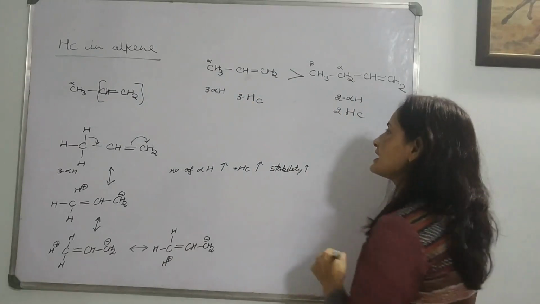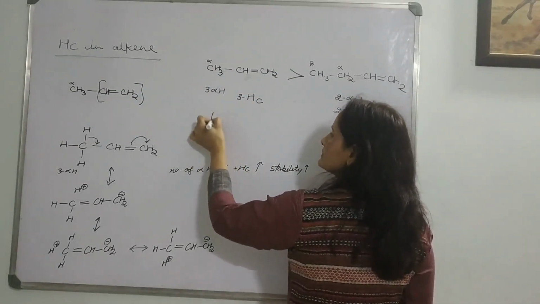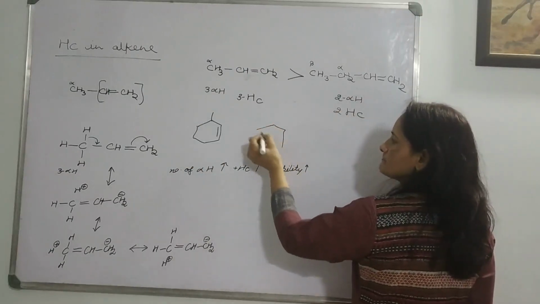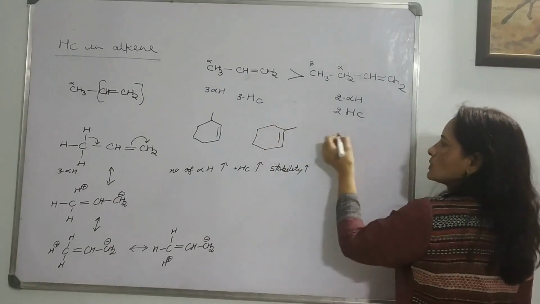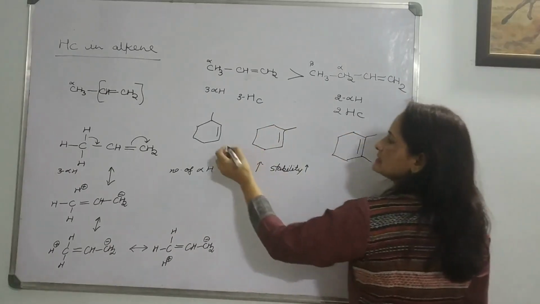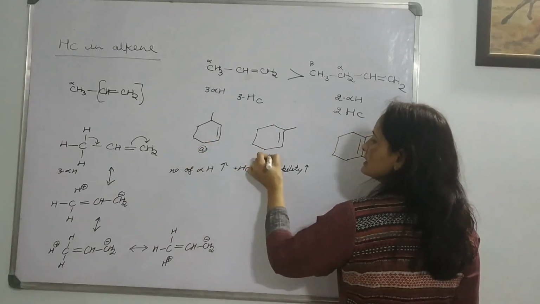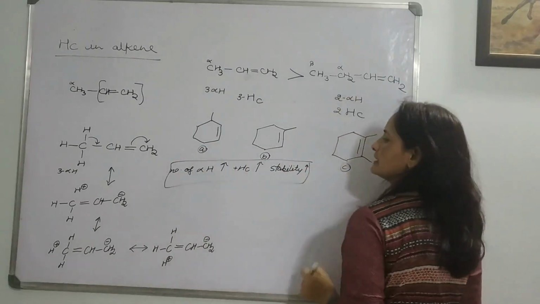Okay, let's take a few more examples. For example, this is an alkene, this is the second, and this one is the third alkene. Just count quickly the alpha hydrogens for A, B, and C. In these cases, just remember this is the thumbnail point.